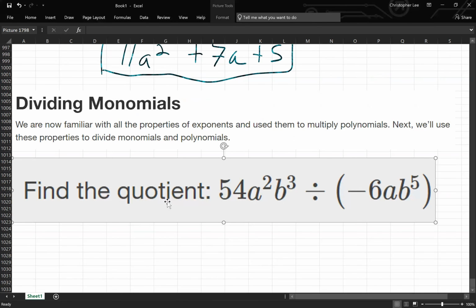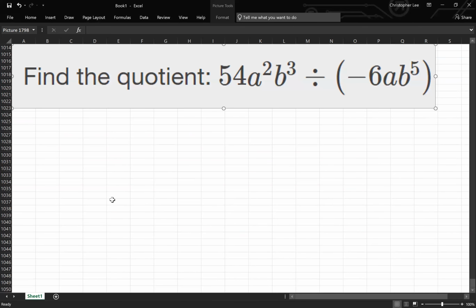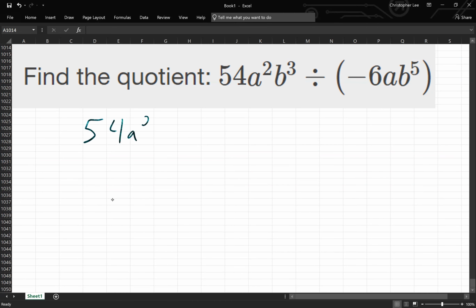This question here says find the quotient, right? So let's look at what I have. I have 54a squared b cubed divided by negative 6ab to the 5th. Now a positive divided by a negative is a negative. 54 divided by 6.